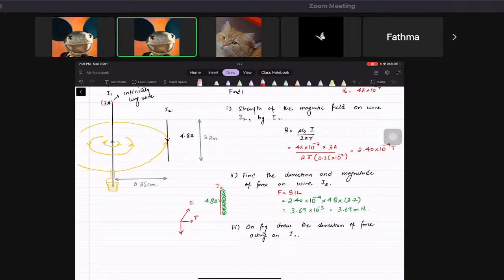It means this wire will feel a force towards the right. And because of Newton's third law, if I1 forces I2 towards the right, then I1 will be forced by I2 towards the left, of the same value, and that's what you have to do. Understood?